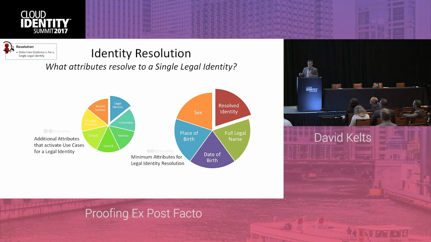So you're trying to gather enough so that you can say, this is distinct. I've resolved this to be one distinct identity. There are also a lot of additional attributes that you would use in use cases for legal identity, or that you might sub in if you don't have a place of birth. You sub these in in order to resolve down to that one person.